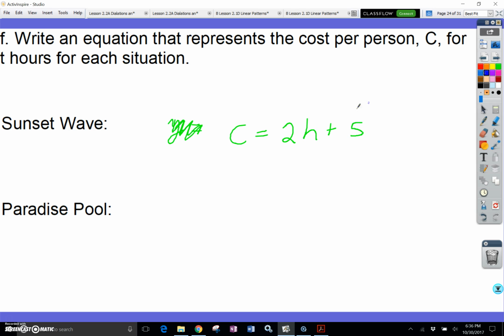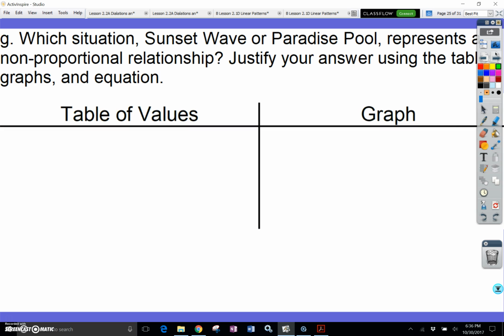Where Paradise Pool is, the total cost there is just $3 per hour. The number in front of the independent variable, in this case it's h, is always going to be your rate of change. The plus or minus is what you have to pay on top of that. Now from the previous example, I know this is not proportional because it has a plus 5. I know this is proportional because it's just 3h.